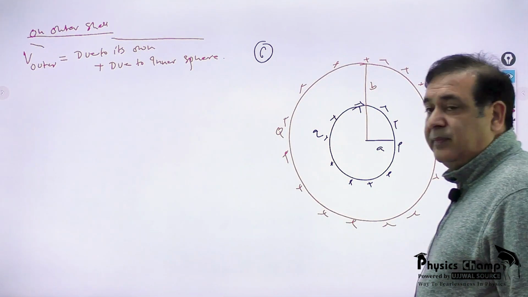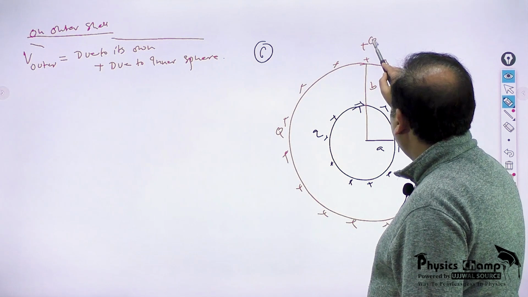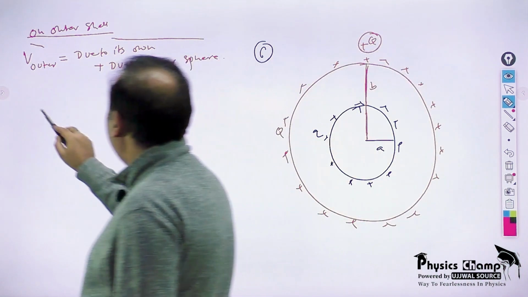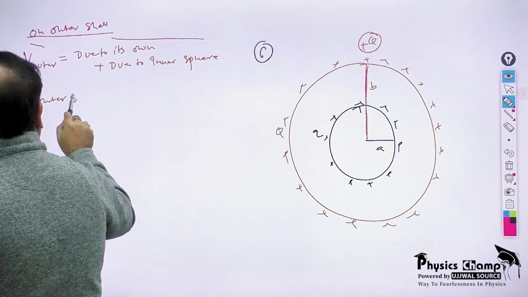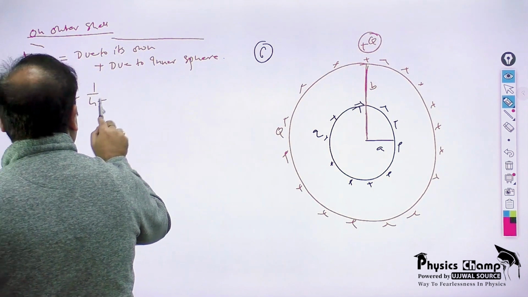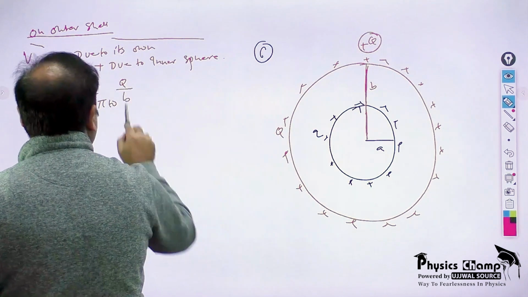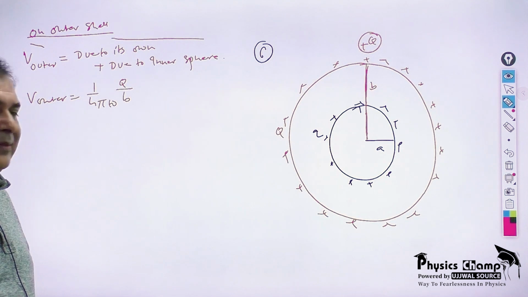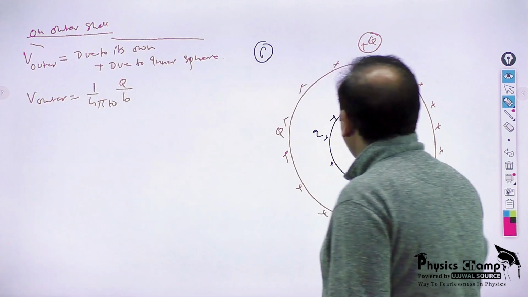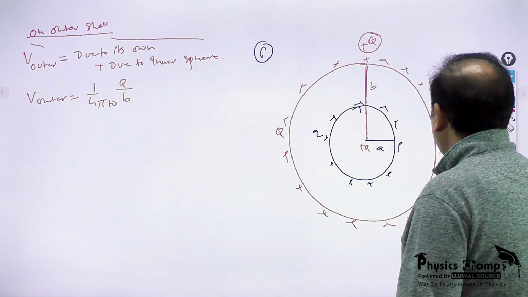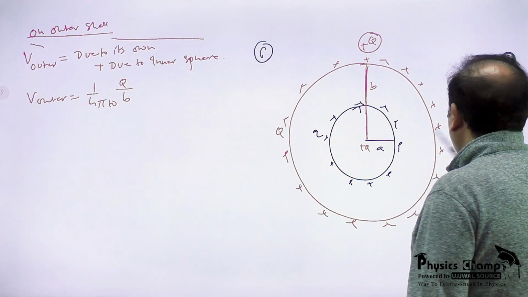Now if I ask you, it has a charge capital Q, it has a radius b, how much will be the potential on the outer shell? It will behave as though the whole charge is situated at the center, 1 by 4 pi epsilon naught Q by b. This is the potential on the outer shell due to the charge on its own.